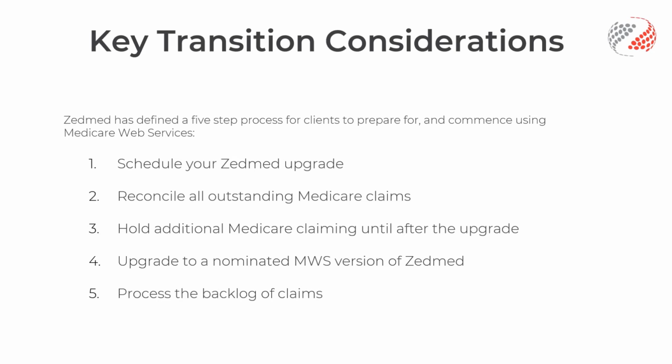Now, as part of that, just prior to the upgrade itself, we do recommend that you hold off additional claiming until you've transitioned to the compatible version of Zedmed. So once you've done that upgrade, the minimal amount of backlog claims you've got remaining, you can then process.